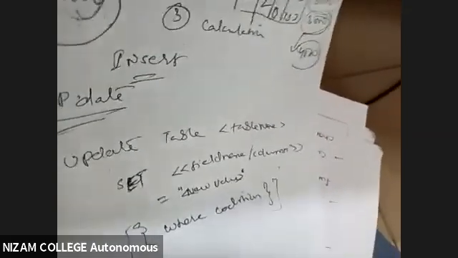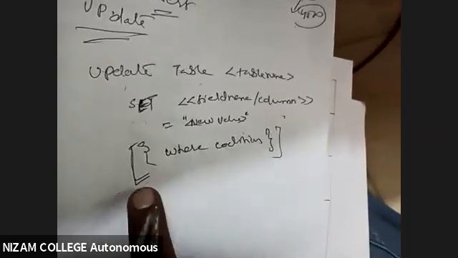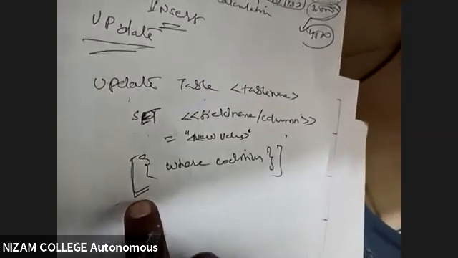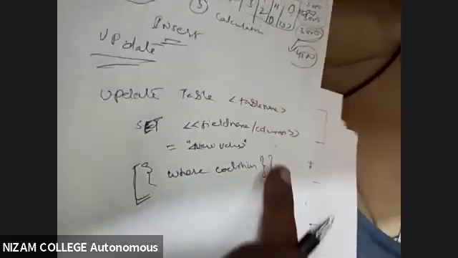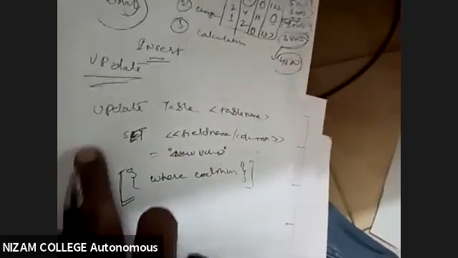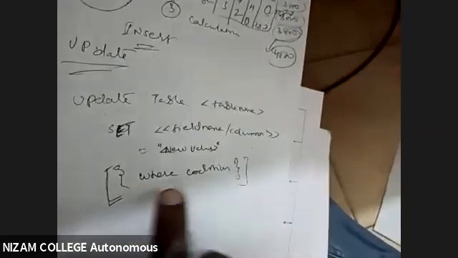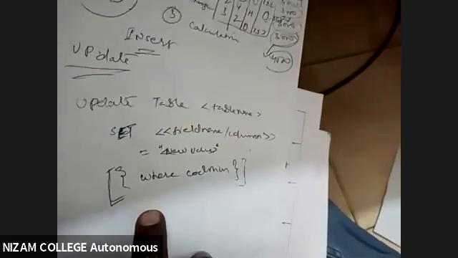When I put this in square brackets, it means it is optional. That means you can omit this one. But while writing in the exam, you have to show all of these things. So when you are writing in the exam, you have to write this entire syntax: update table name, set field name or column name, followed by the value and the where condition.